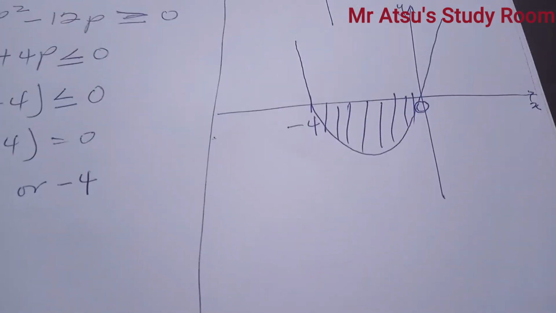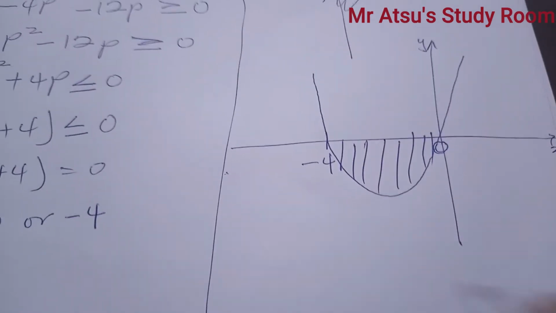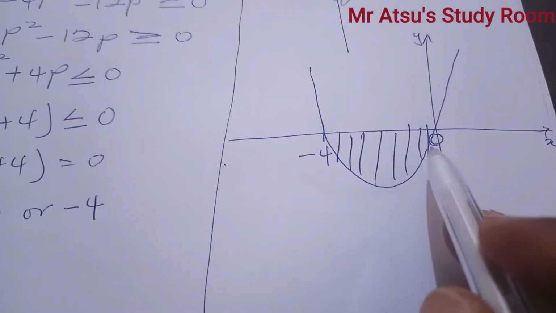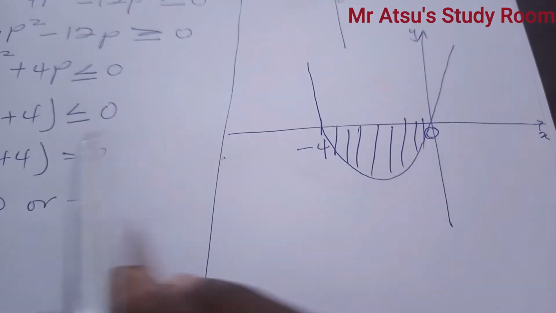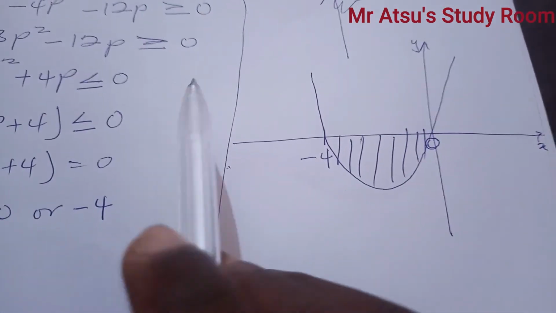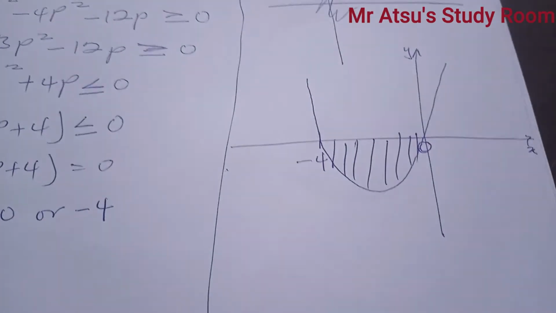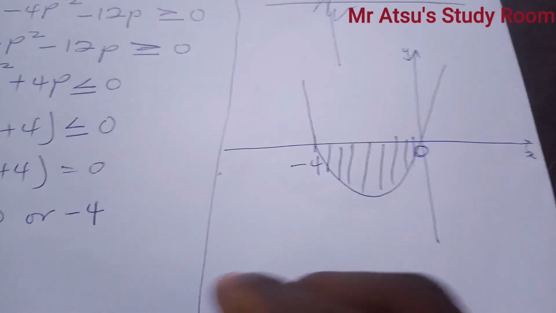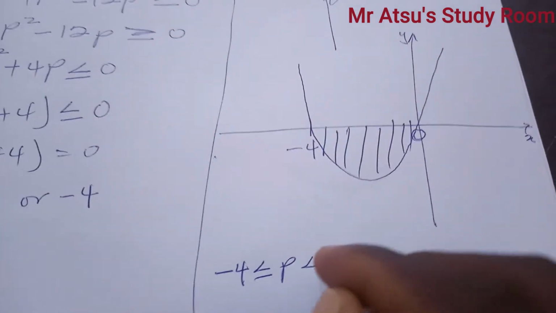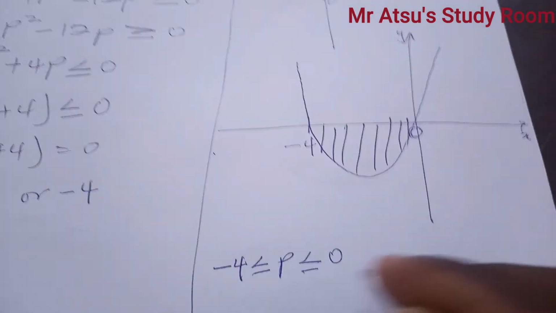So our p will be between -4 and 0. And because the operation is solid, having the equal to under, you are going to have -4 less or equal to p less or equal to 0.